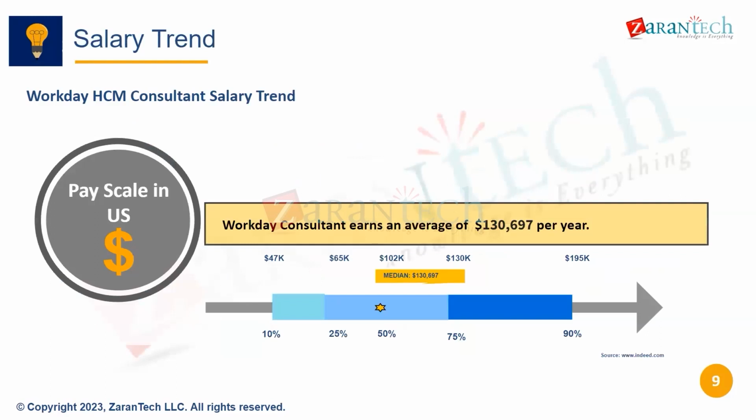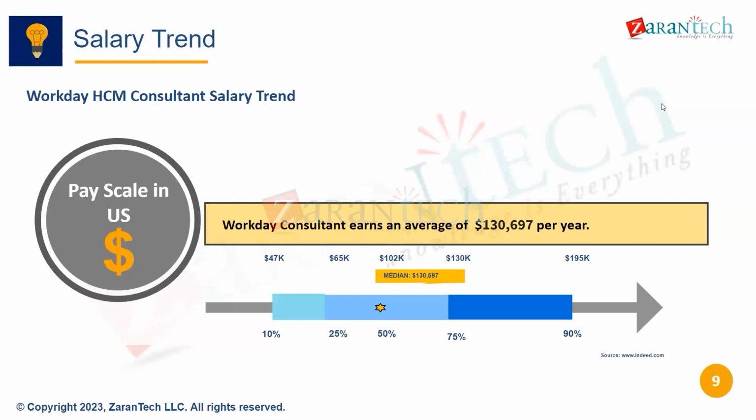So you can see the Workday HCM consultant salary trends, and it is again the pay scale for the US. On average, a Workday consultant earns more than $130,000 per year. That's the median salary.